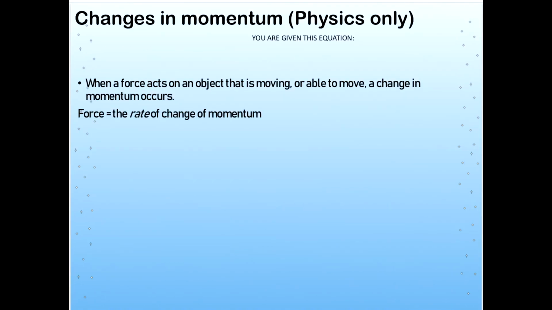So the equation you're actually given is exactly this one. It's F equals m delta v over t, with the m delta v being our change of momentum and t being time. So force is the rate of change of momentum, and that's really useful when we start looking at safety features, so things like airbags, things like helmets.